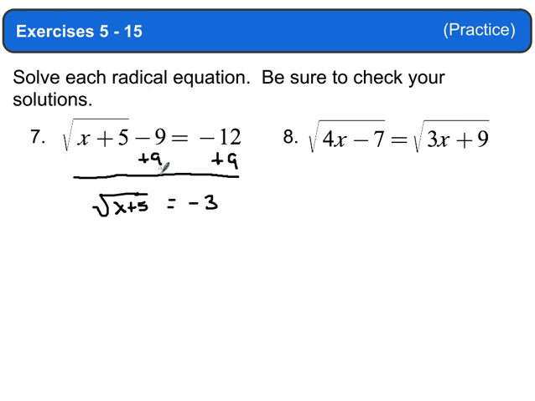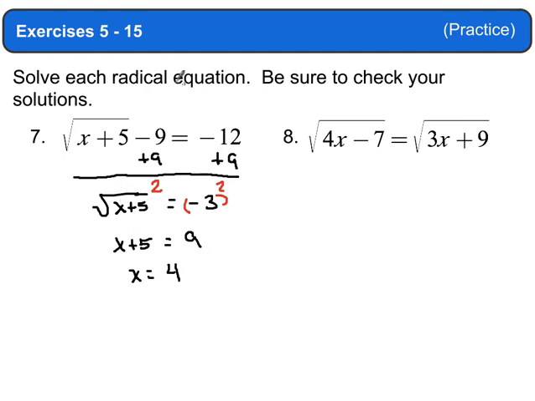Once that radical is isolated, then I can cancel the radical with a square on both sides. So now I have x plus 5, and that's going to be equal to 9. And then when we subtract 5 on both sides, x is going to equal 4.